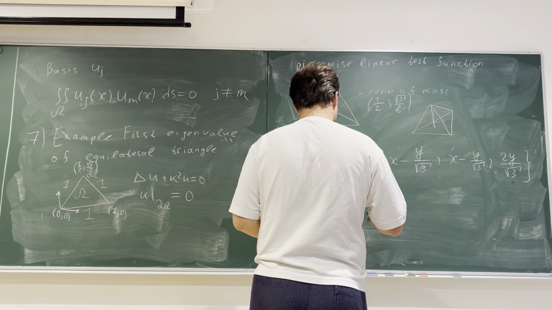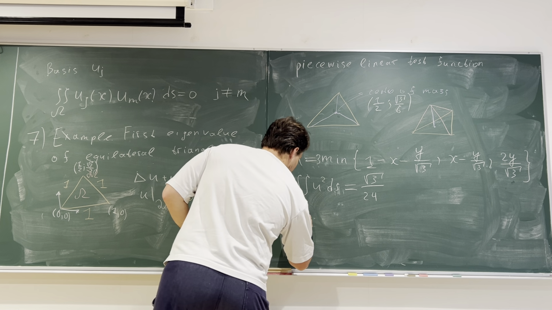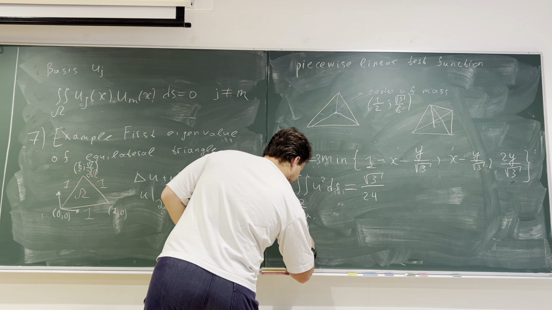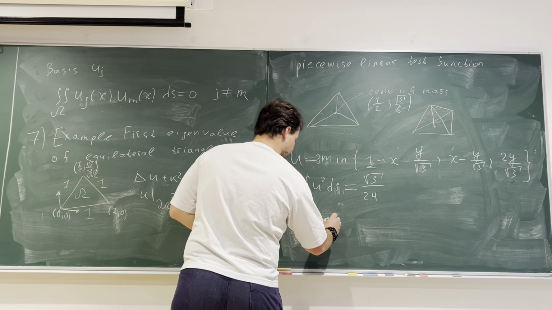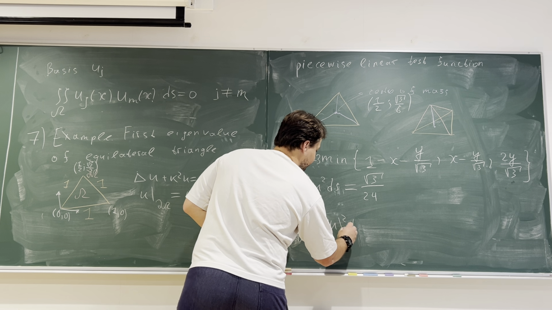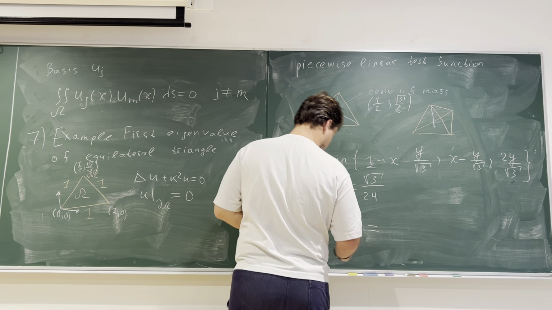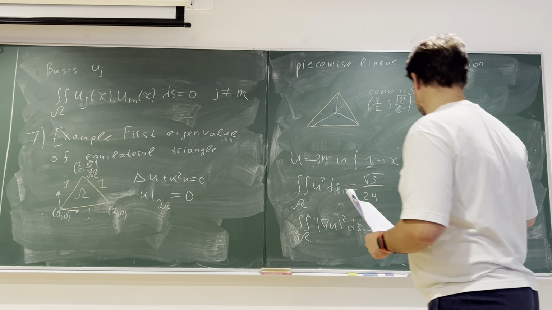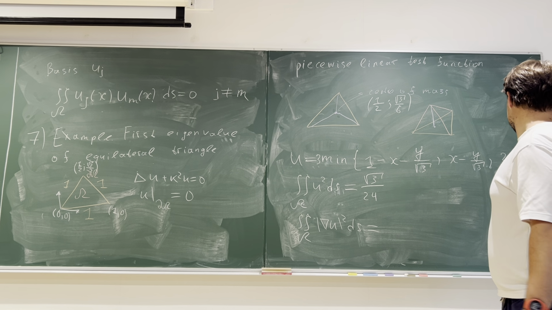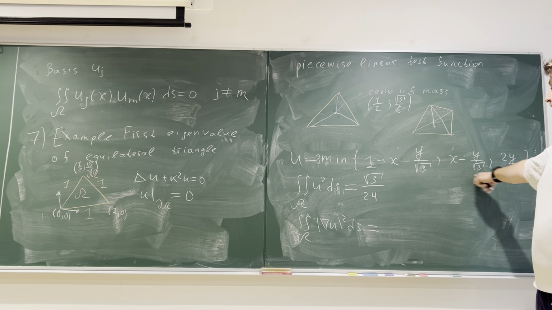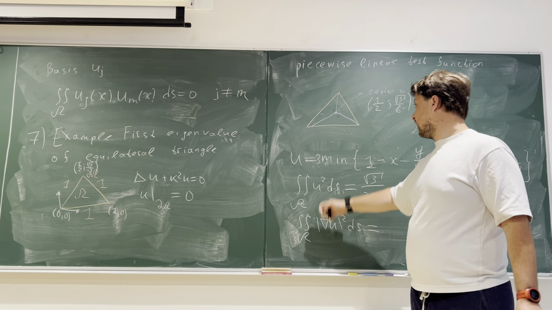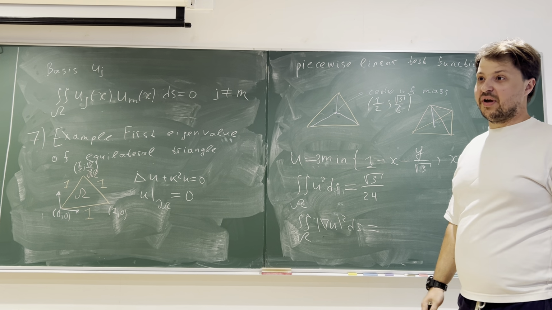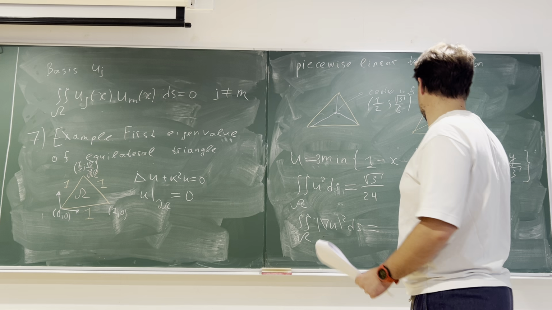Everything can be done by hand, and I did it by hand. For the gradient, it's even simpler because everything is constant, just a constant vector, and then I just compute an area, like a third of the area, and then multiply it by 3.